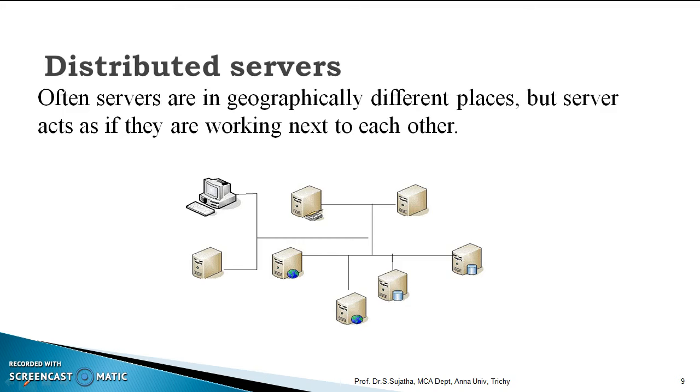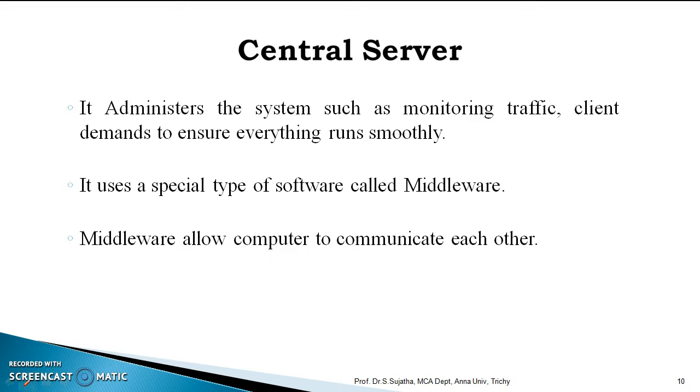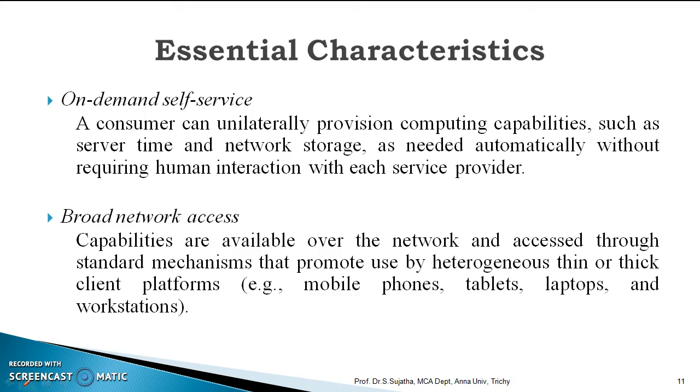This is a distributed computing environment. All the distributed servers will be placed in different locations. Central server. The central server is used to monitor the traffic and provide the service for the client demands. It uses a special software called middleware. Middleware allows the computers to communicate with each other.